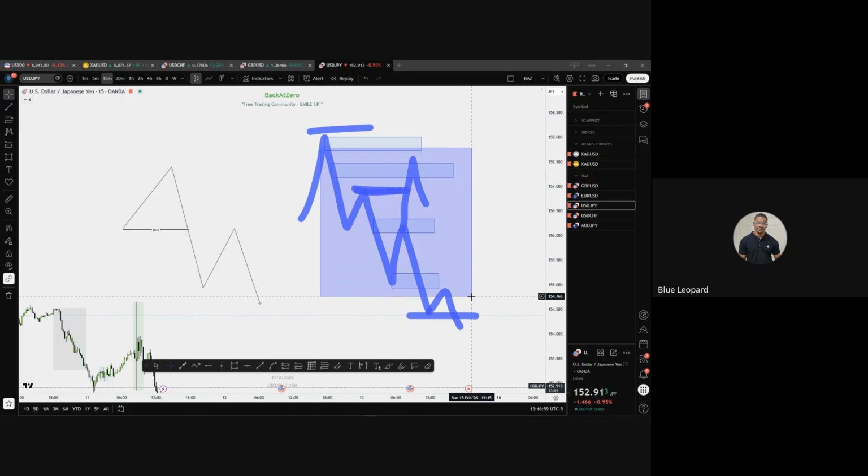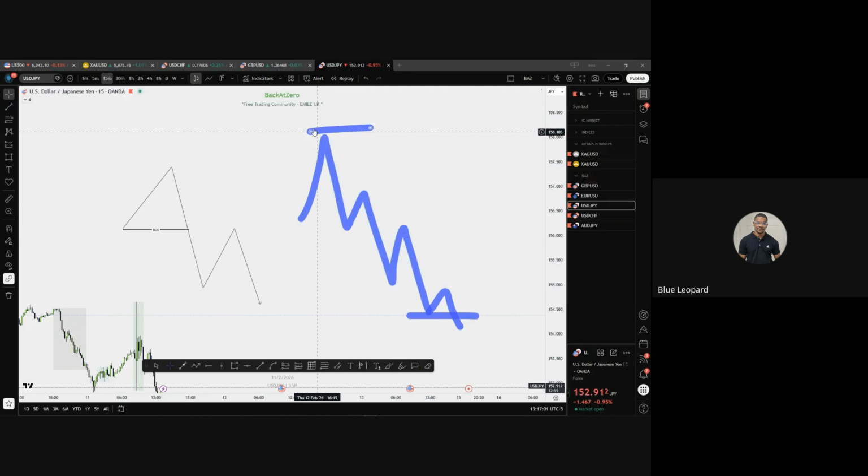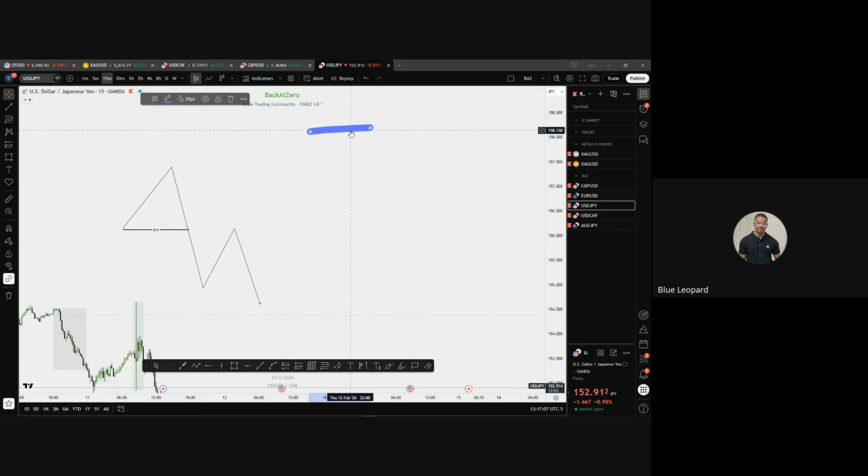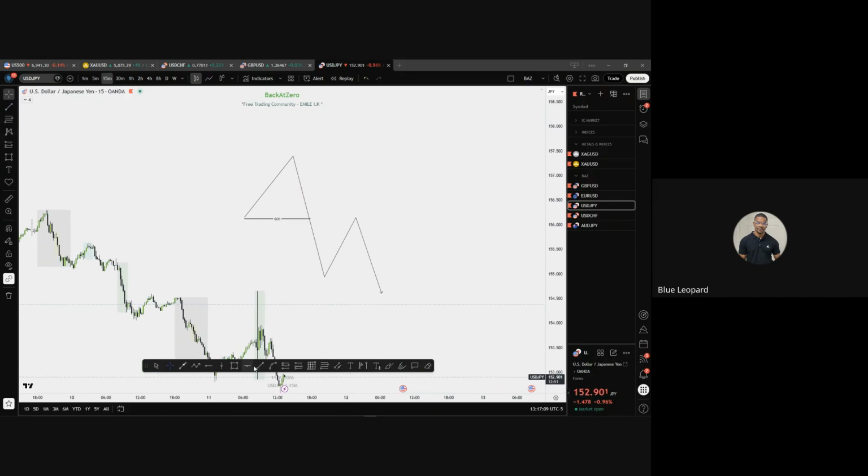Okay? So I'm going to go a lot more deeper in this subject. Let me show you here. Boom. So you have here, when price returns in the range, you can have imbalance here, and that imbalance is where you should expect price to reverse, and from there you will see price change direction.